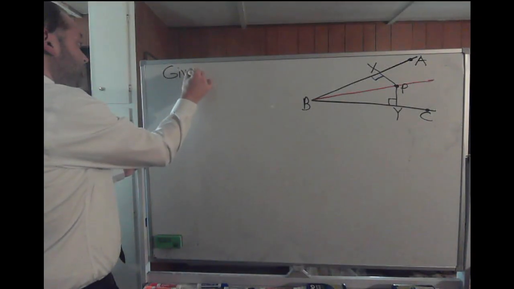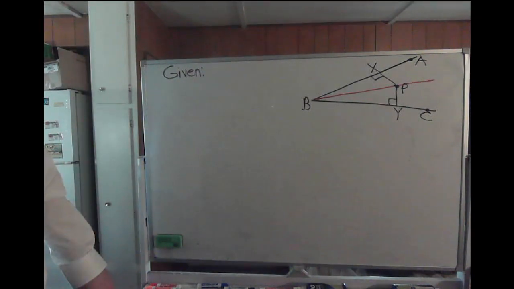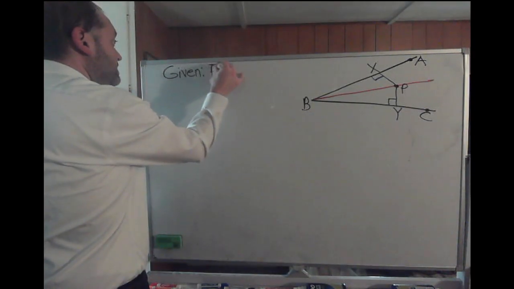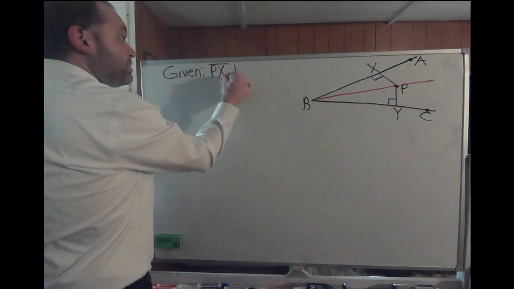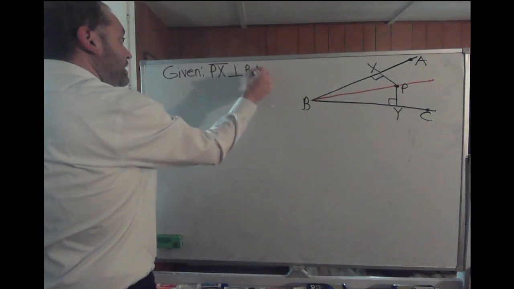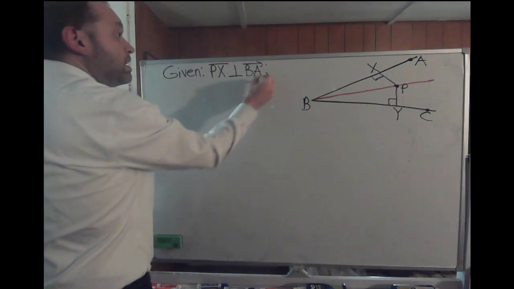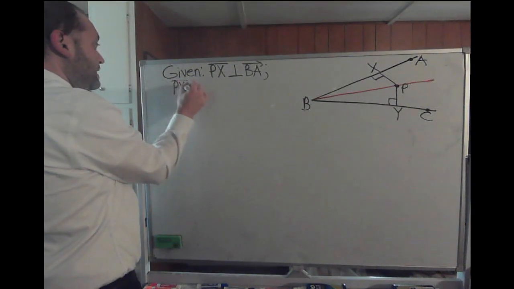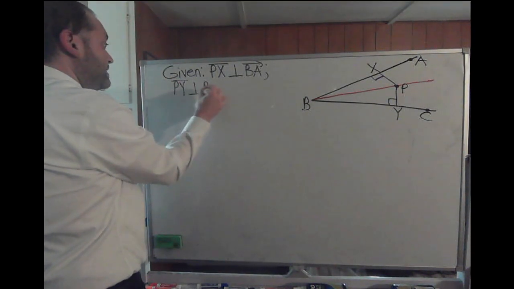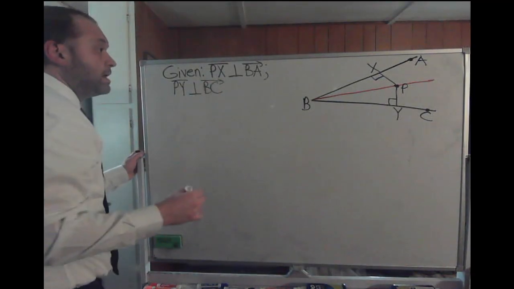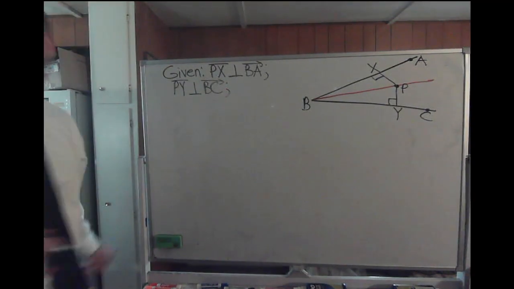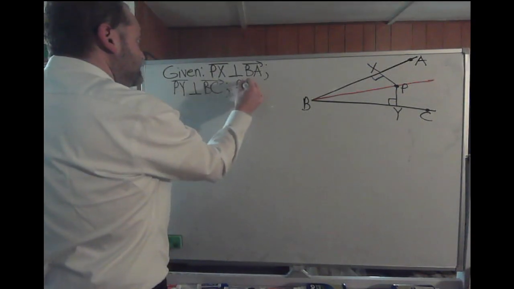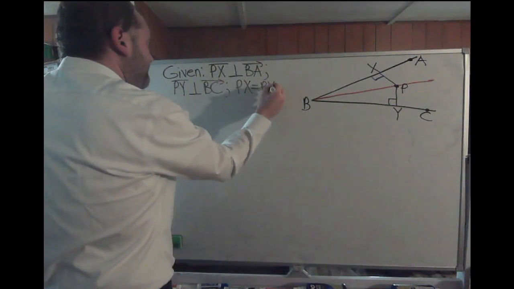We have been given that PX is perpendicular to ray BA. We have been given that line segment PY is perpendicular to ray BC. What else have we been given? There's something else. We're even given that PX equals PY.